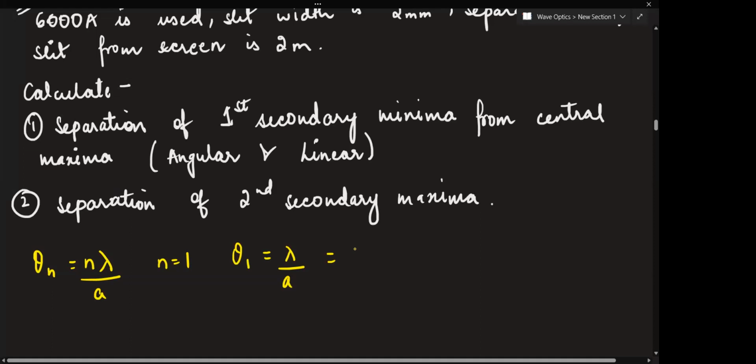Multiply by 10 to the power minus 10. So it would be 6000 into 10 to the power minus 10. And the slit width is given as 2 millimeters. So theta 1 will come out to be 3 into 10 to the power minus 4, and it would be in radian, as it is the angle.